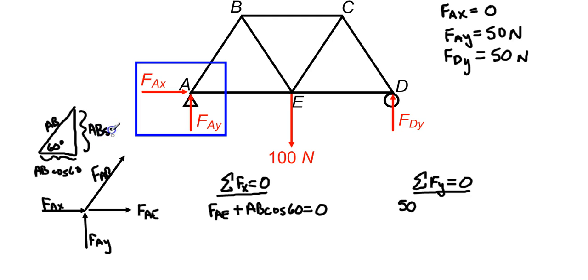So the expression that we can come up with here is AB times the sine of 60. So that's going to be plus AB times the sine of 60. And those are all the forces in the Y direction, so we can go through and solve. When we solve this, we're going to subtract 50 and then divide by the sine of 60.